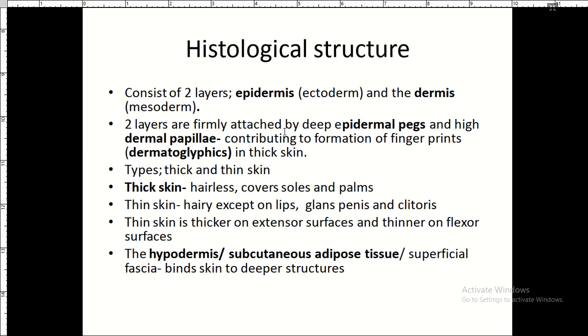So we have the epidermis and the dermis. These two layers form a junction, which is seen by epidermal pegs and dermal papillae.